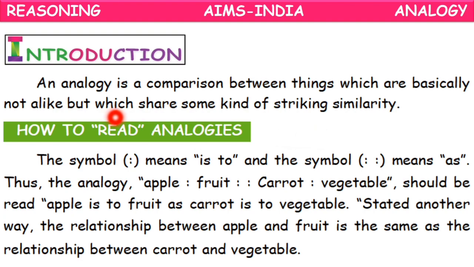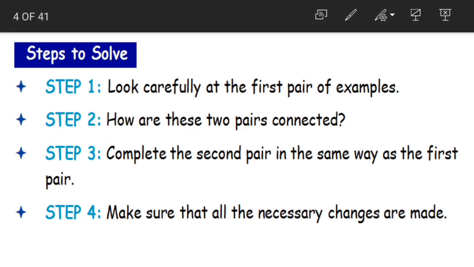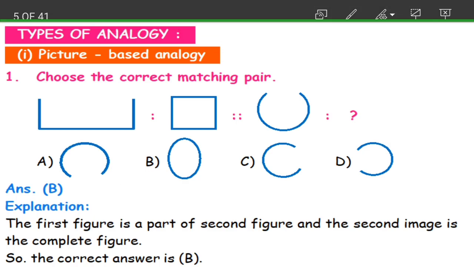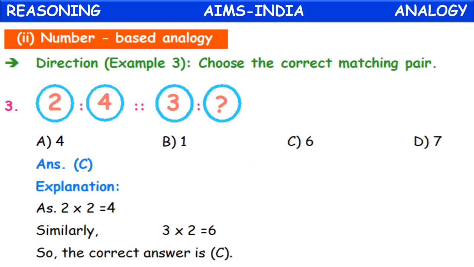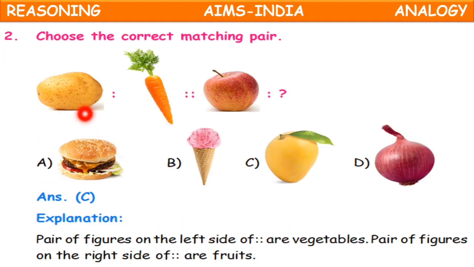What is analogy? In simple words, analogy is a comparison between things which are basically similar. Let us say, for example, here we are comparing a potato and a carrot together. Are these both same? No, but they are similar. Similar in what way?